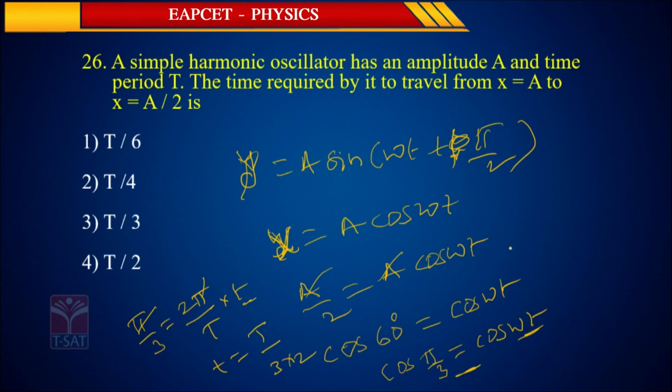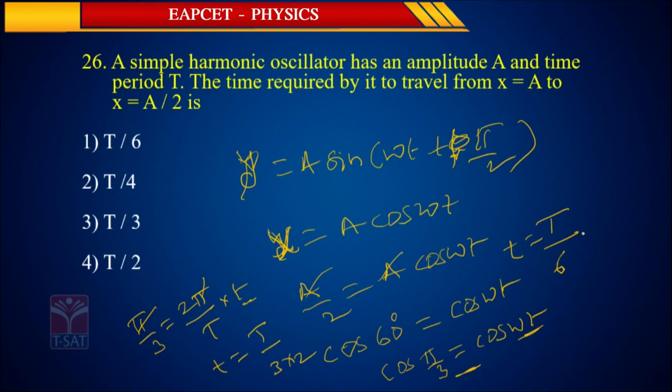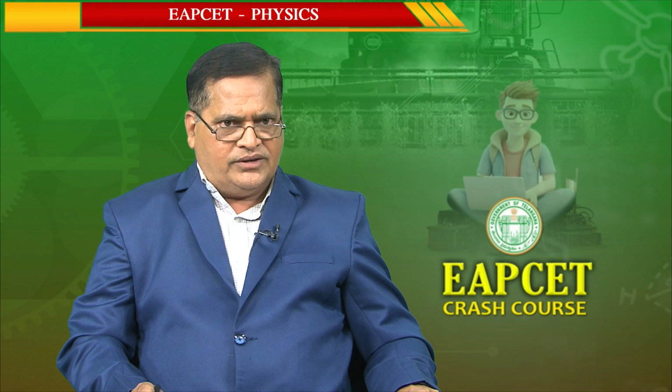Therefore, t is equal to capital T by 6. That is the option. See, children, the option is there. Where is that? The first option. You see the first option? T by 6. Okay? Right. I hope that you are understanding this equation.